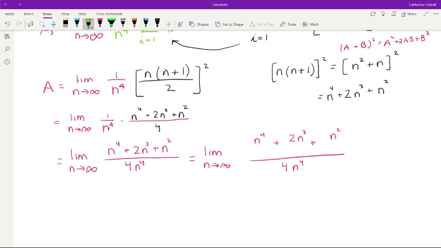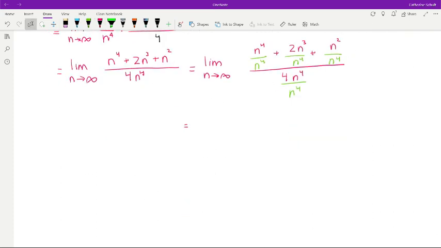So let's divide each term by n to the fourth. The n to the fourth cancels, so we have 1 plus 2 over n plus 1 over n squared. And the bottom cancels to 4.